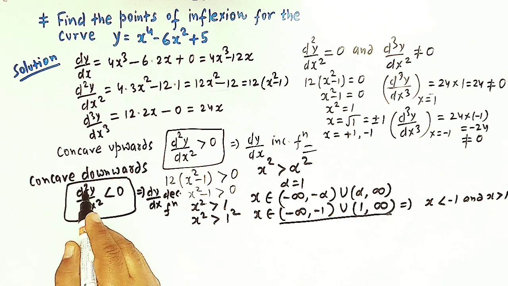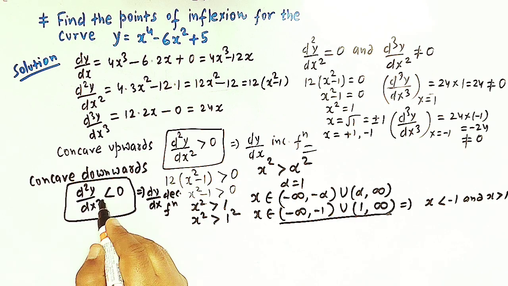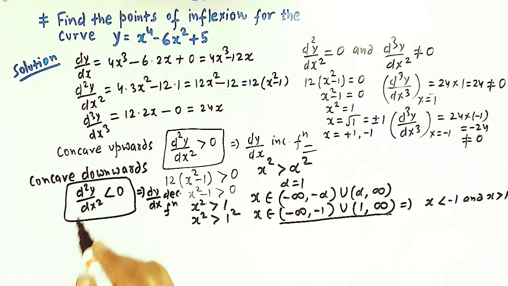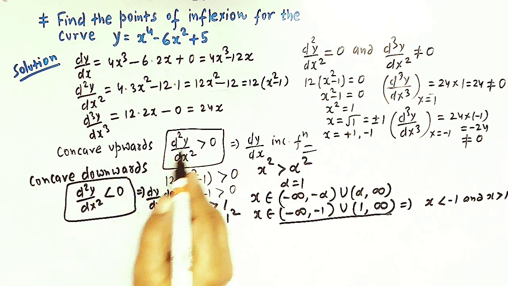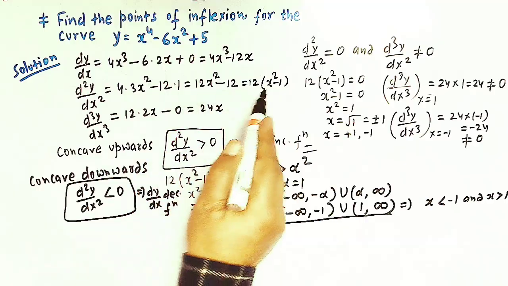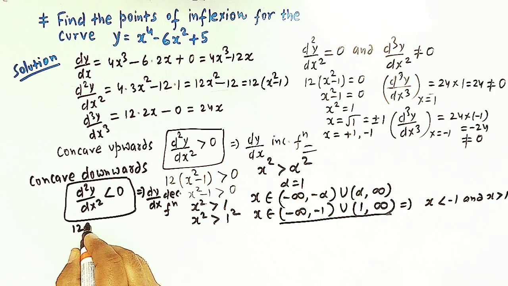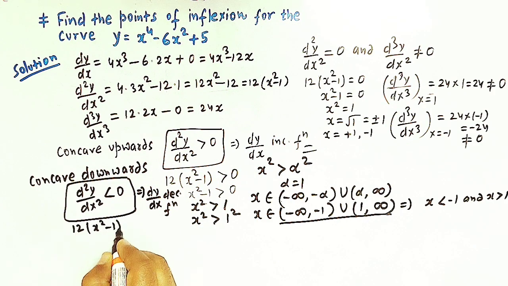So now d2y over dx2 should be less than 0, that is the second derivative should be negative. So we have now the second derivative 12 times x square minus 1 less than 0. So we have x square minus 1 less than 0, x square less than 1.